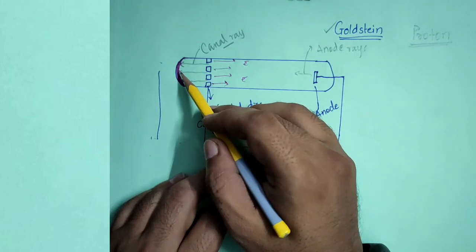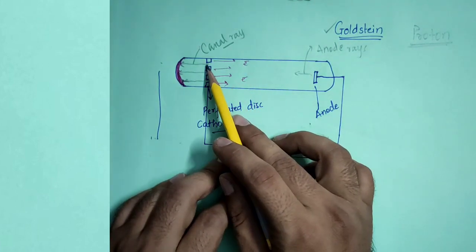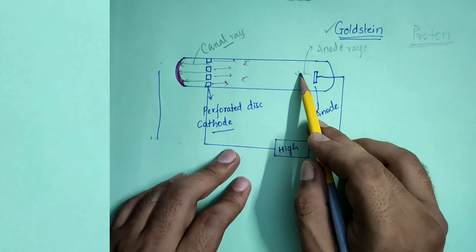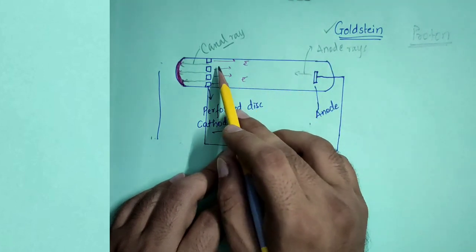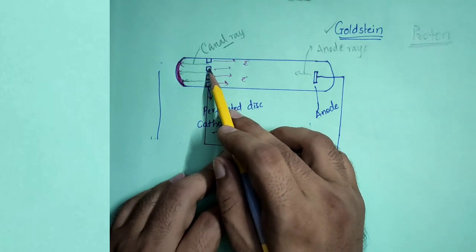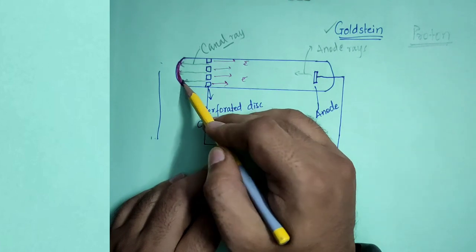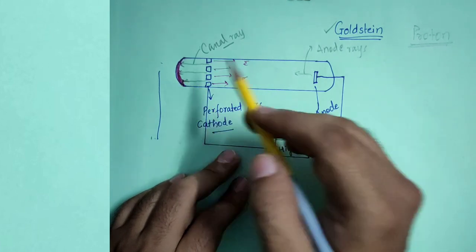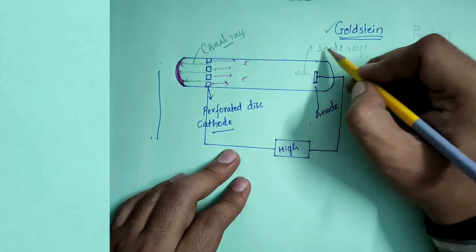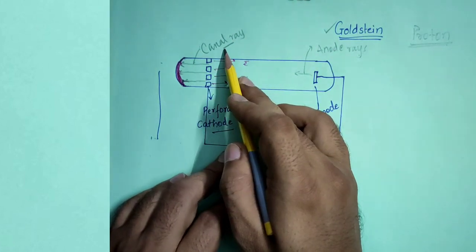It was seen that some invisible rays also came from the anode, passing through the canal, and produced fluorescence on the zinc sulfide screen. So it was proved that some rays come from the anode. These rays passing through the canal are called canal rays.